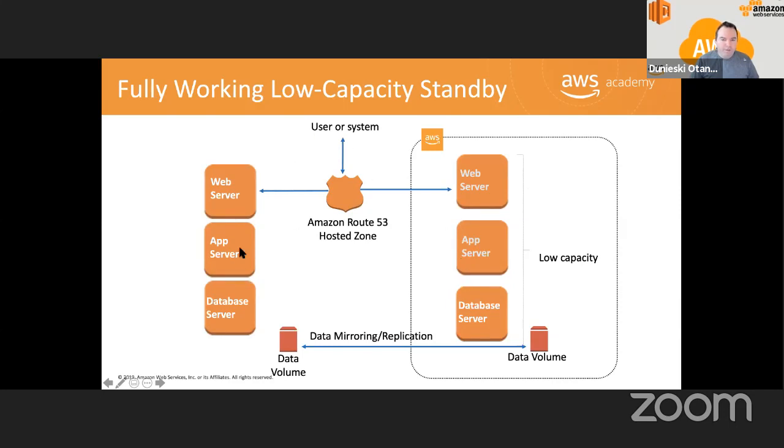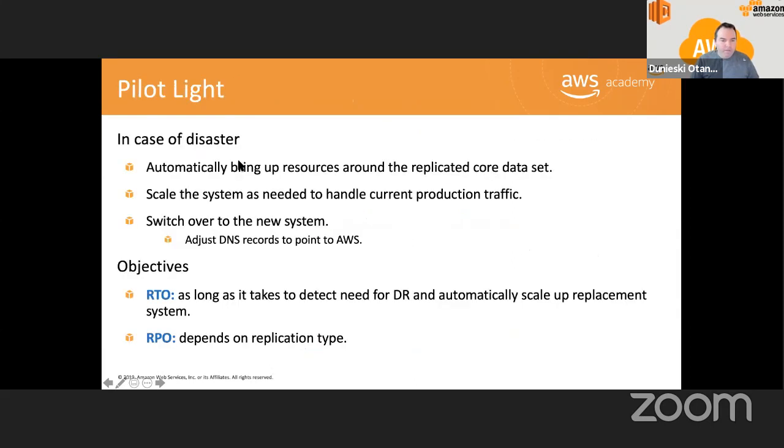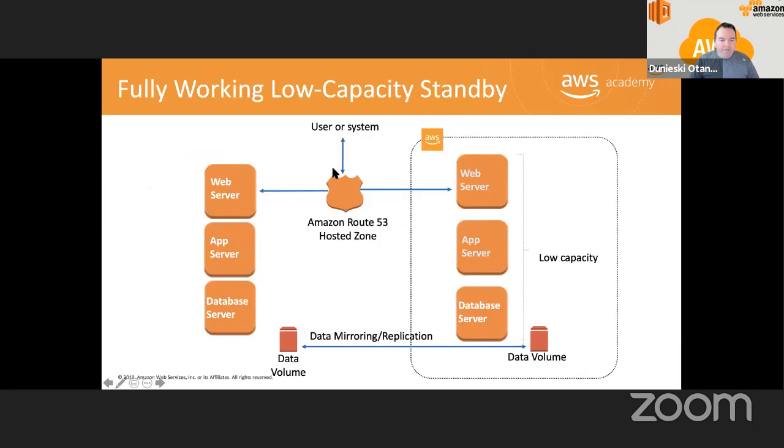It's fully working. Okay. So here, a low capacity standby architecture is like the next level of the pilot light architecture, right? It's the next level. Why? Because in the pilot light only half of the architecture is working, right? And here the entire thing is working. Okay? That's the next level.